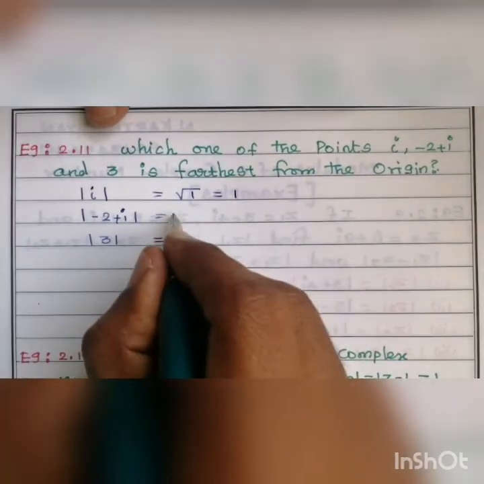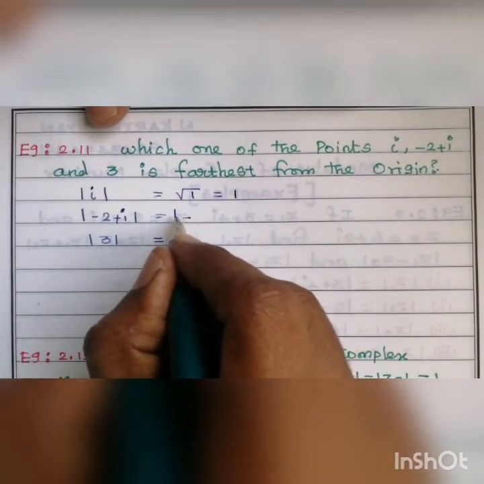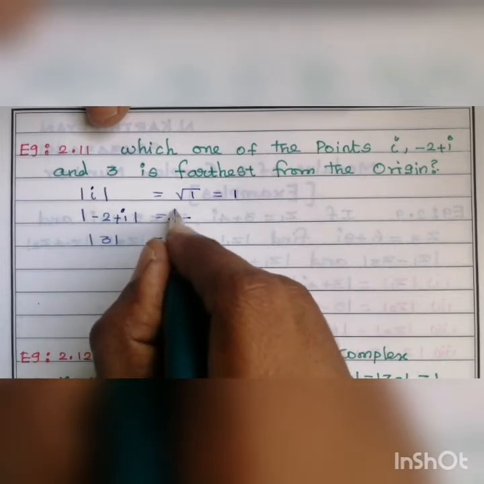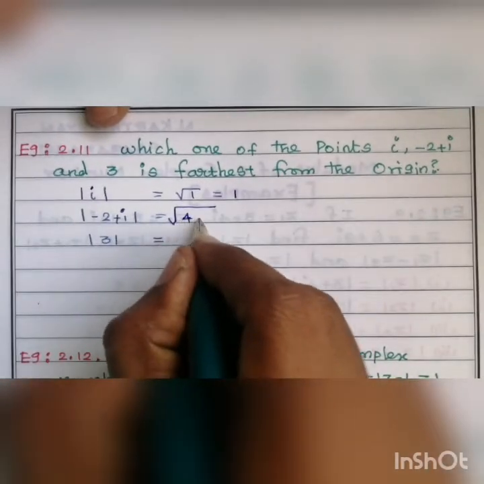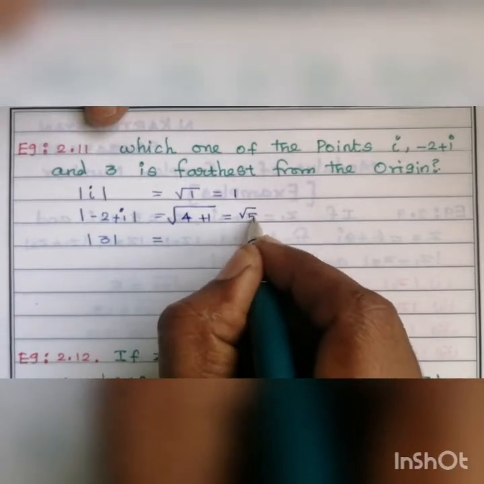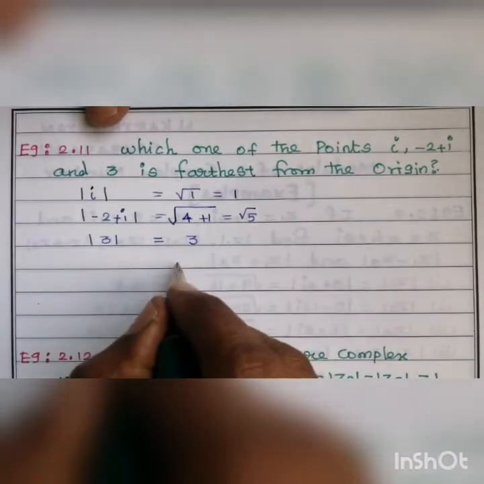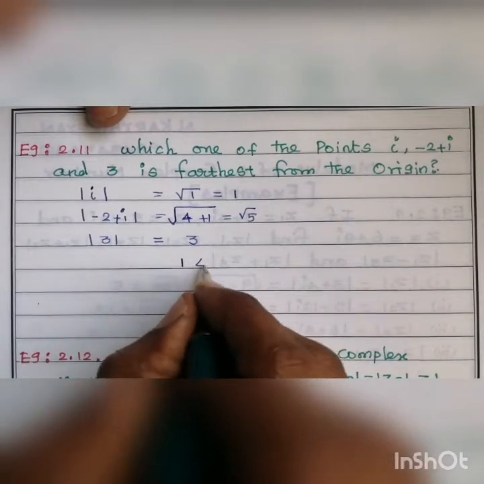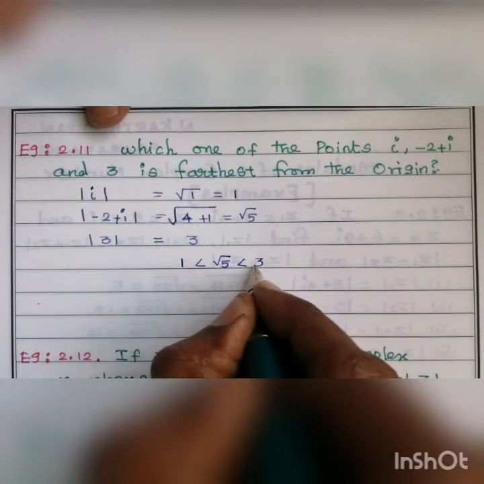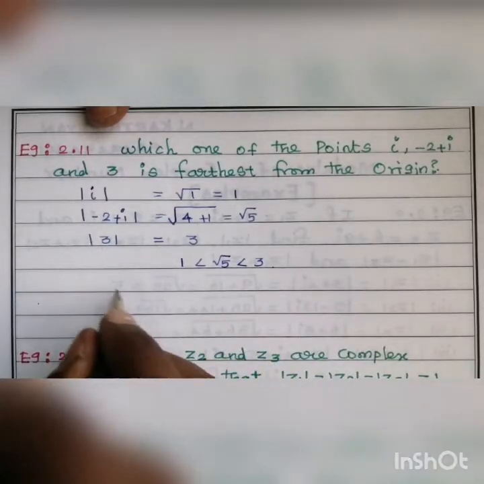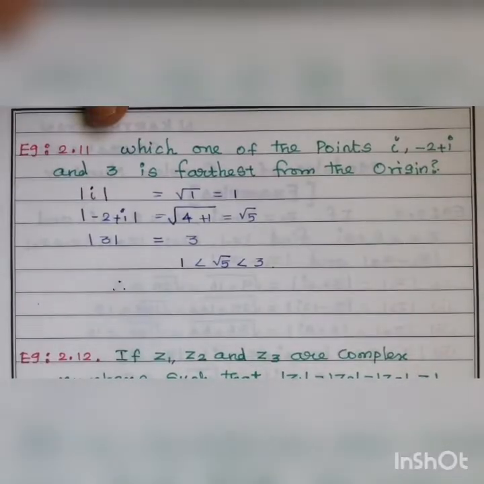The next, modulus of minus 2 plus i, that is 2 2s are 4, 4 plus 1, that is equal to root 5. Modulus of 3 is 3. Now, since 1 is less than root 5, which is less than 3, therefore farthest means the greatest distance from the origin.